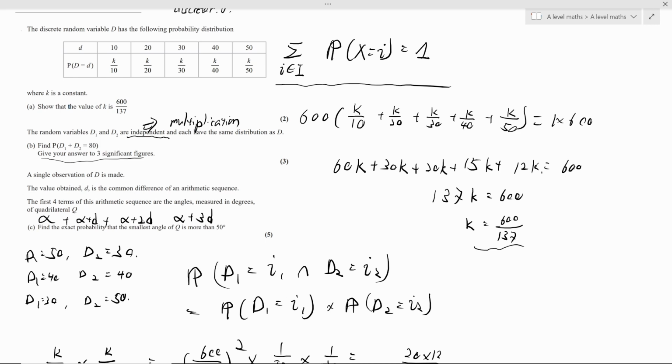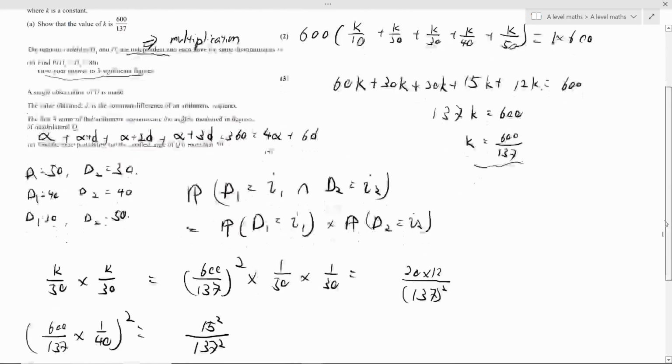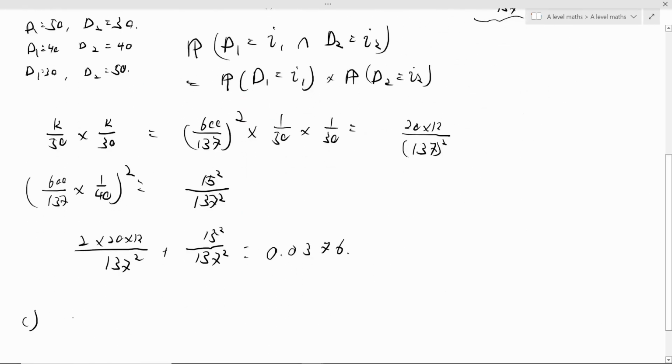So when we sum all these together, we should have 360, which is 4 alpha plus 6d, where alpha is the smallest angle, which we don't know, but we want it to be greater than 50. So the information given here is 4 alpha plus 6d is 360, and alpha is hence 360 minus 6d over 4, which is 90 minus 3 over 2 d.